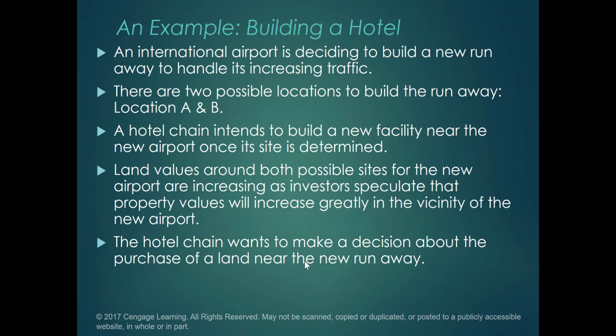Another example is that suppose there is an international airport and they want to build a new runway because of the increasing traffic they have recently. Now there are two possible locations where they can build the runway, location A and B. Also, there is a hotel chain that wants to build a new facility close to the new airport.